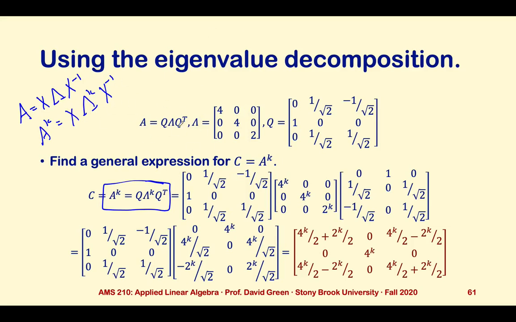Here we have the special case for a symmetric matrix where we have an orthonormal eigenvector matrix, which simplifies it even more, in that we don't need an inverse.